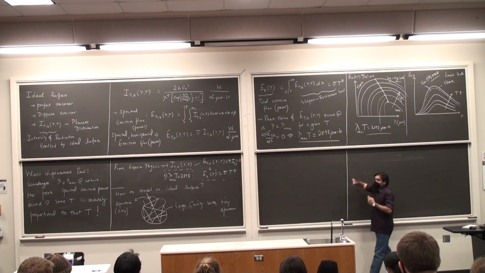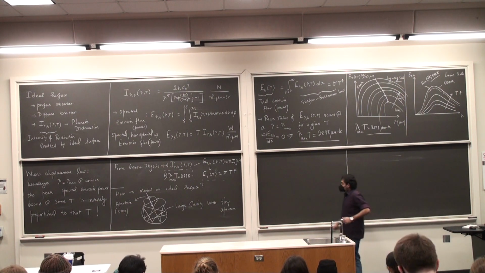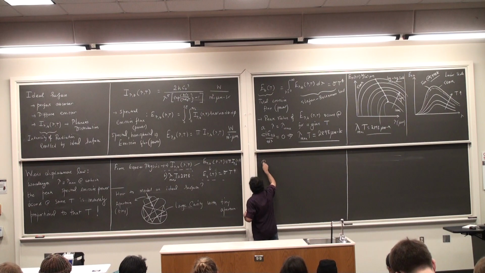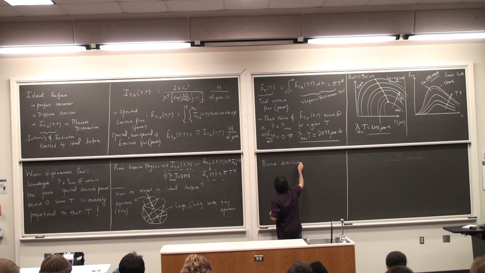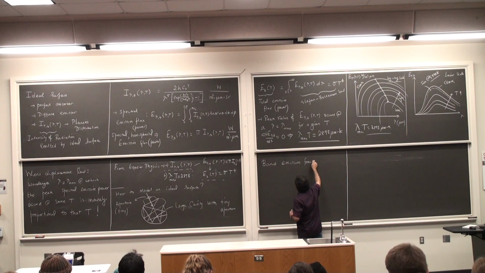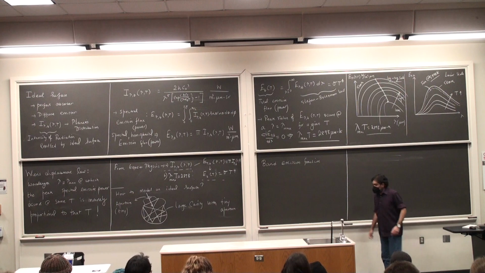And what I want to do next is to solve a problem, but before that I need to introduce a quantity called the band emission fraction. I'm going to first write the expression for it and then define it.